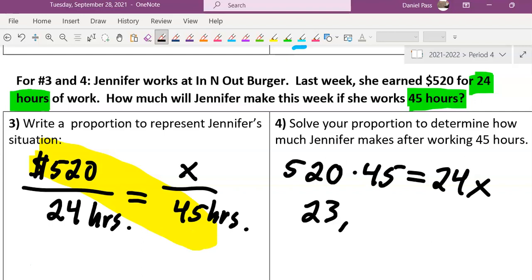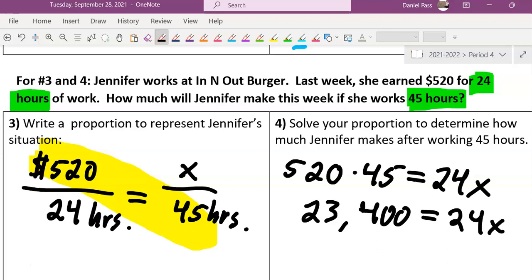But we're going to do cross multiplication. So what's 520 times 45 for now? 23,400, equals 24x.